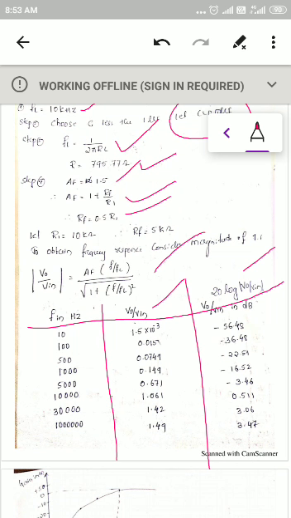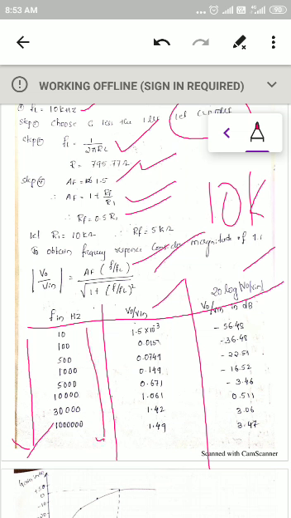Here F is the operating frequency of the filter and FL in this equation is the lower cutoff frequency, which is already given in the problem, 10 kilohertz. For different values of operating frequency you have to find V0 divided by Vin, then find it in terms of dB.